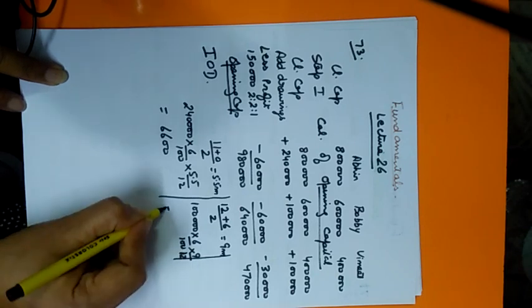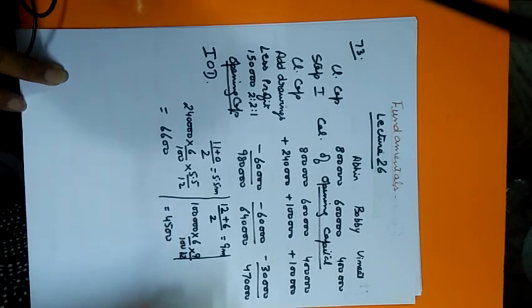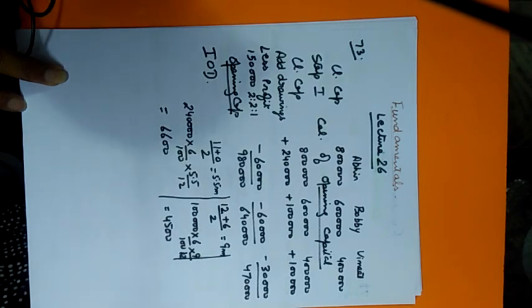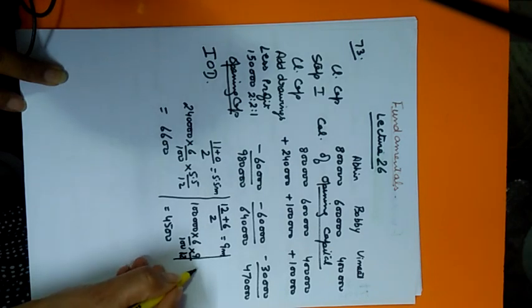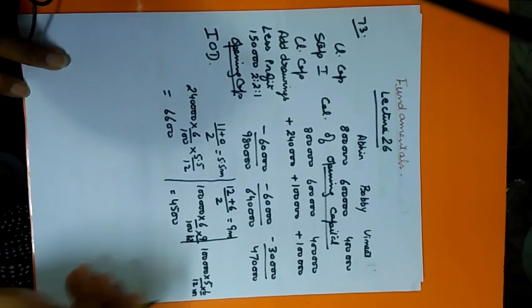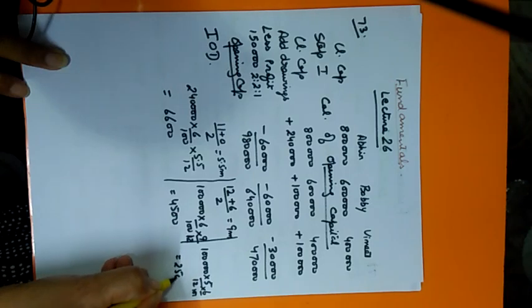So this comes out to be 4,500. And Vineet had withdrawn on 31st October. So 1 lakh, 5 months and 6%. This comes out to be 2,500.